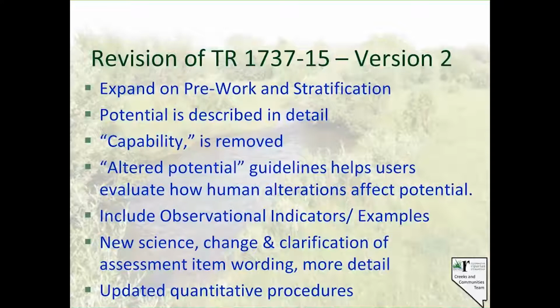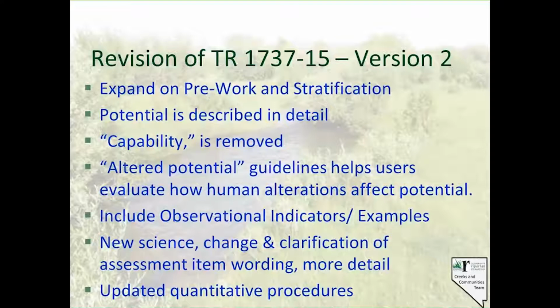The new manual includes observational indicators and lots of examples. It talks about some new science, of course science marches on, and so we know a tremendous amount about riparian areas that we did not understand at the beginning of my career. I used to have the audacity to think that I could collect all of the riparian literature, and I've given up on that. There's just a huge amount of it, and so there's lots of new science which helps us clarify the assessment items and the wording.